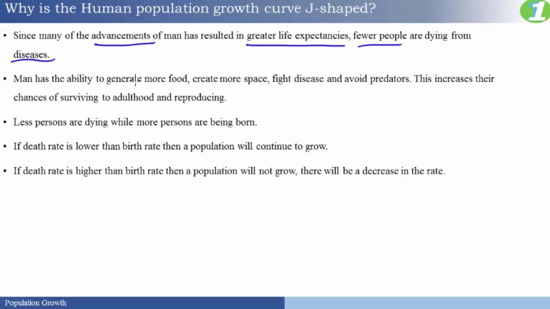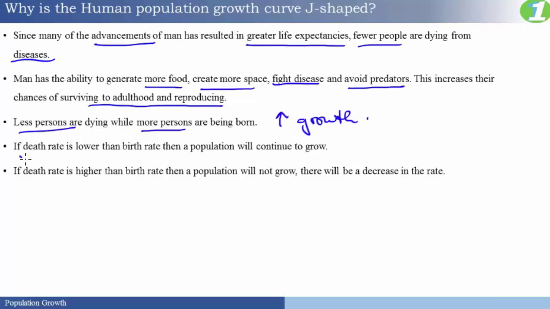Now, man has the ability to generate more food because of industrialization, as mentioned before, space, they can fight diseases, and they are able to avoid predators, and this has resulted in an increased chance of surviving to adulthood and reproducing. So fewer persons are dying while more persons are being born, so that results in an increase in growth.